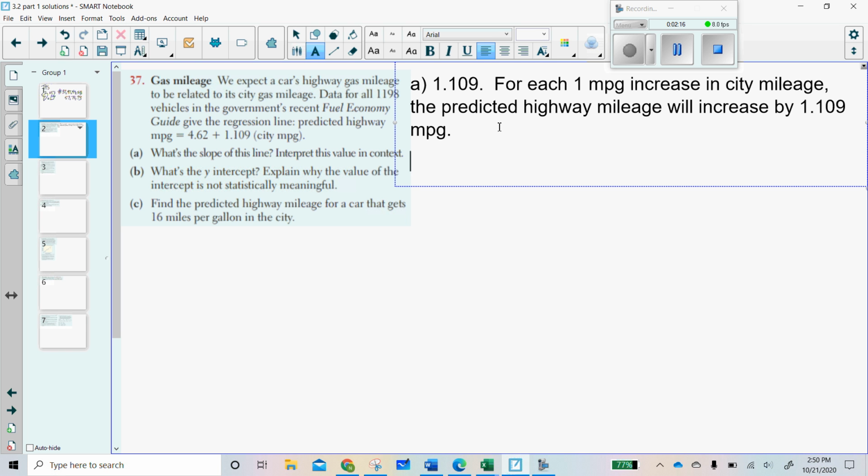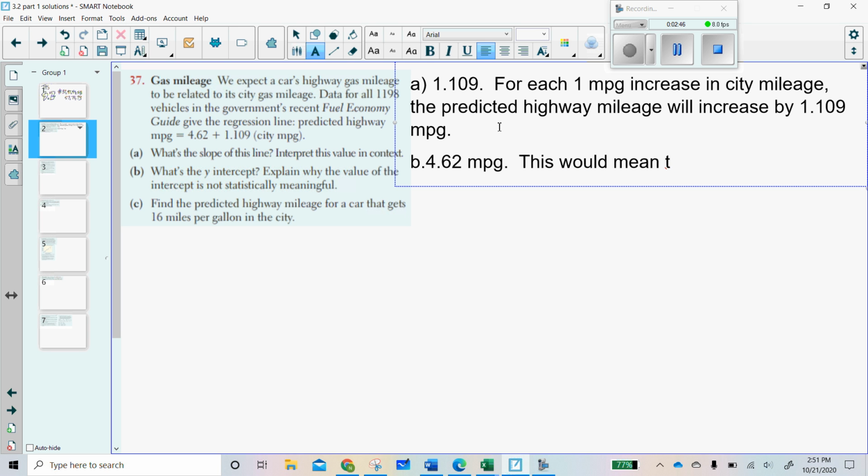Part B, what's the y-intercept, and explain why the value is not statistically meaningful. 4.62 is the y-intercept, and I should put a unit on this, mpg. Notice this would mean that when the city mileage is 0, the highway is 4.62. That does not make sense.